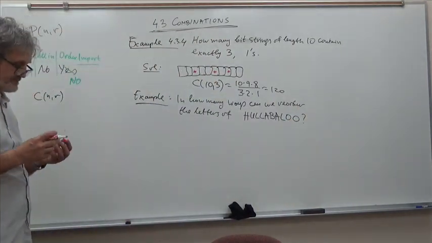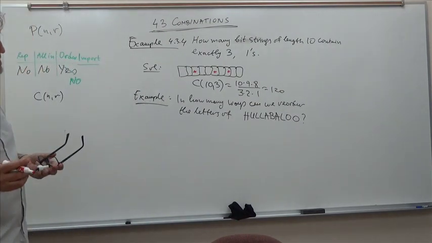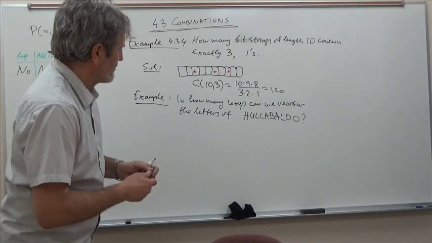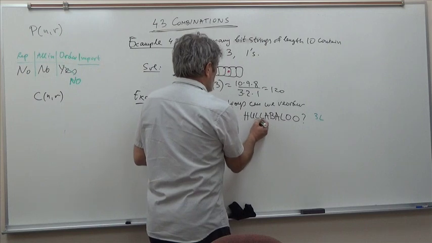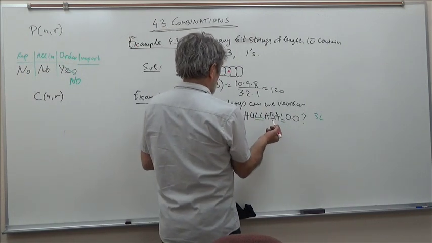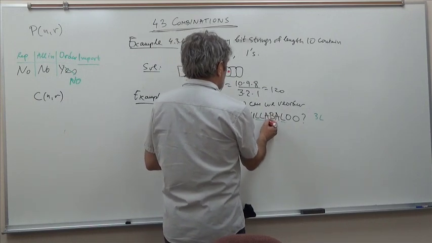So what's happening? None of our configurations works because there are repetitions. Let's count those repetitions because that will be crucial. There are 3 L's, 1, 2, 3. There are 2 A's.